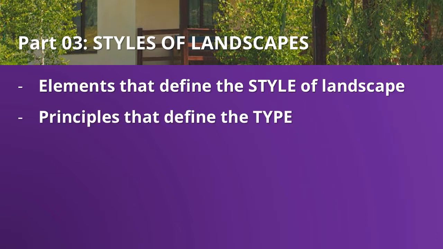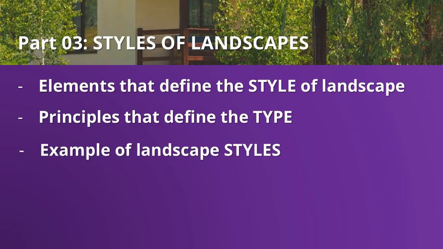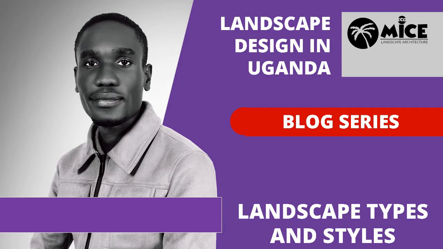And because there are millions and millions of styles, it's not compared to the type, which is only fixed to 3. And so there are principles that define a type. Of course, by the end of this series, maybe you'll be able to create your own kind of style, because styles are in millions and billions. It depends on what you as an individual would love to do. We shall look at some of the examples that exist, and we continue.